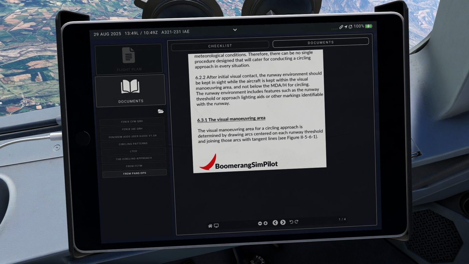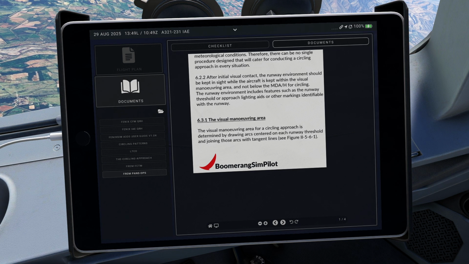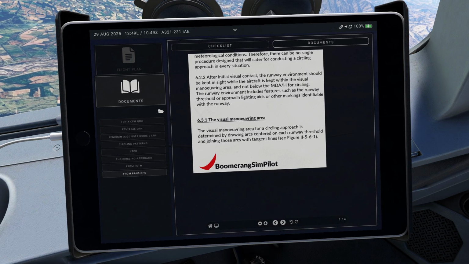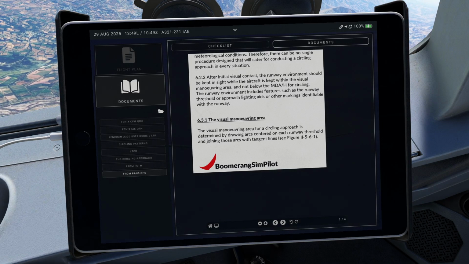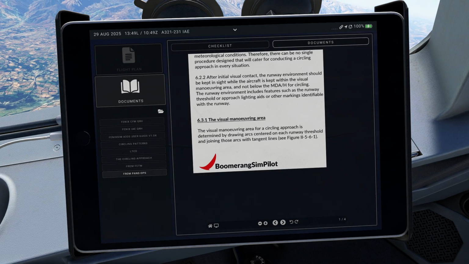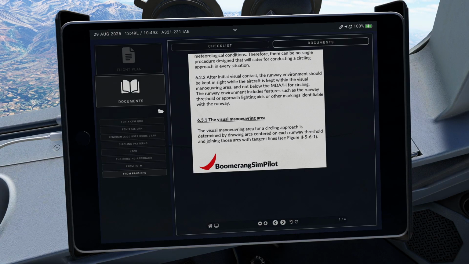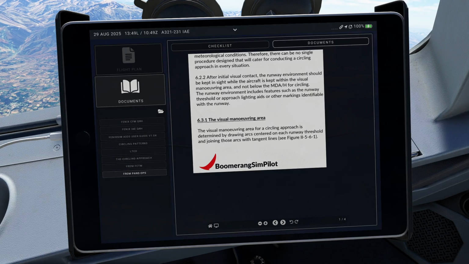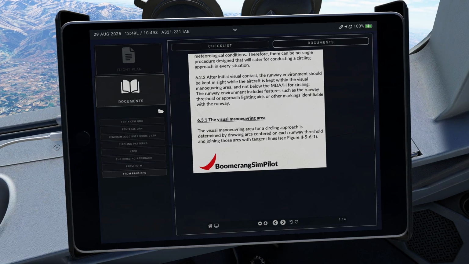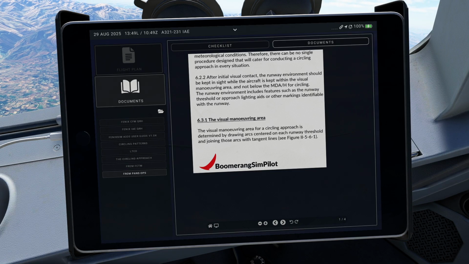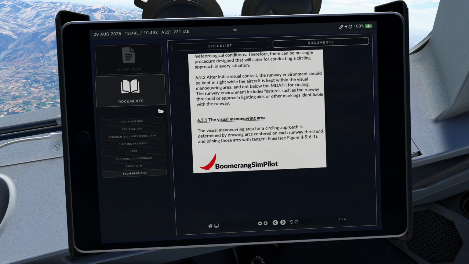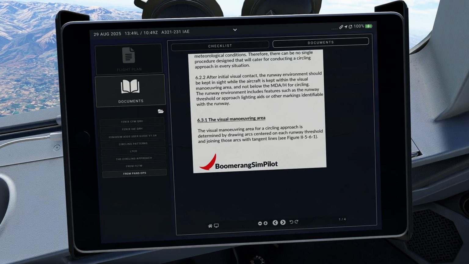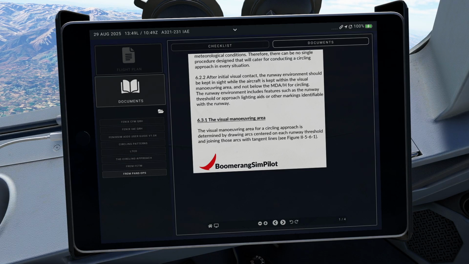The runway environment includes features such as a runway threshold, approach lighting aid, or other marking identifiable with the runway. We are aware of this important note, and I will tell you during the circling procedure how we will maintain the threshold of the landing runway in sight when you are circling.